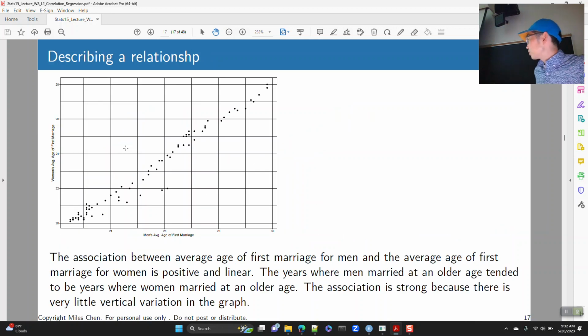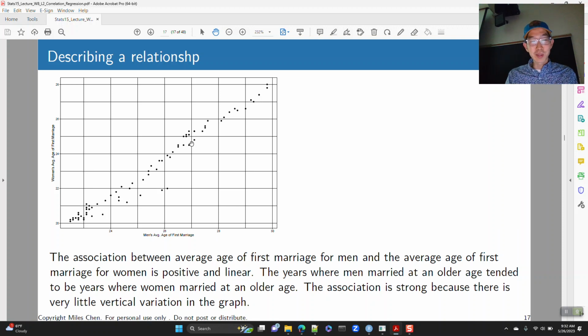So if we revisit this plot of age of first marriage for men and age of first marriage for women, we would say the shape is linear. Overall a straight line would do the trick. The relationship is positive. And we would say there's a very strong association because, if you look at years where the average age of men's first marriage is around 27, there's very little scatter.